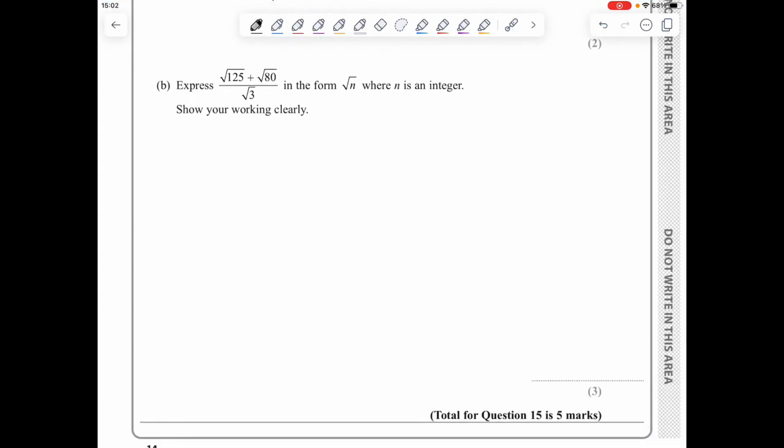For part B, I need to write that expression in a single square root. I will start by rewriting those two in simpler forms. So the square root of 125 can be split into square root of 25 times square root of 5, which is 5 root 5, and the red one, which is square root of 80, can be written as square root of 16 times square root of 5, which is 4 square root of 5.